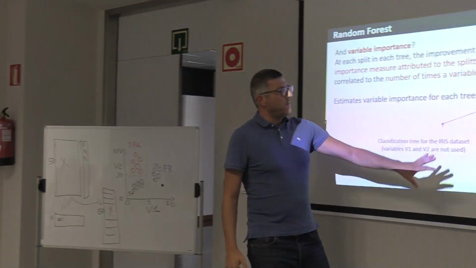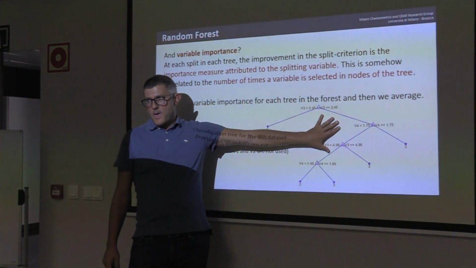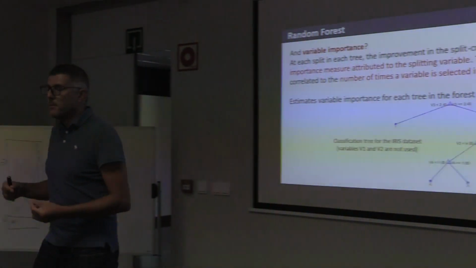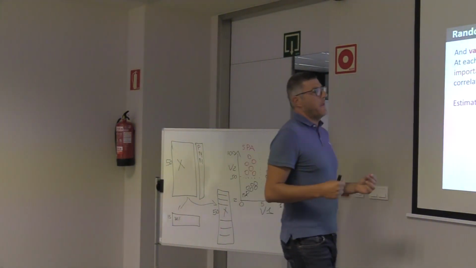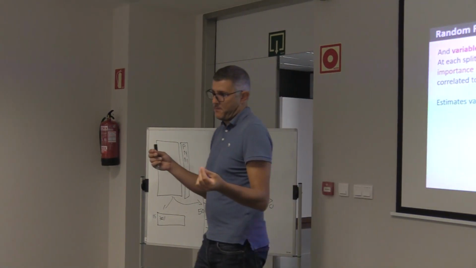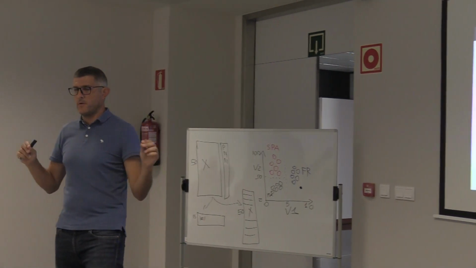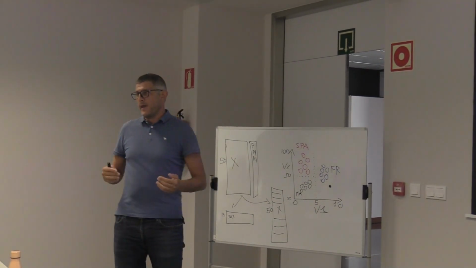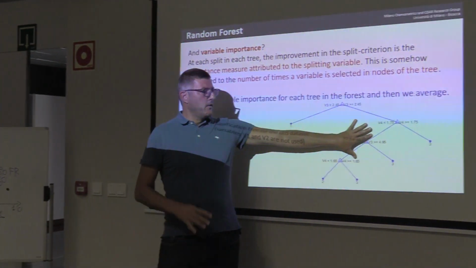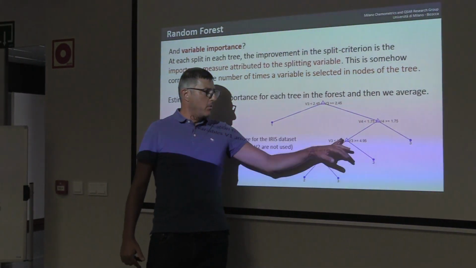In the forest we have many of these trees, okay? I expect these trees to be more or less similar. Probably in some of the trees, by chance, variable number 1 and variable number 2 appear. But in few of the trees I have, okay? And I expect to have, in the majority of my trees, these variables.